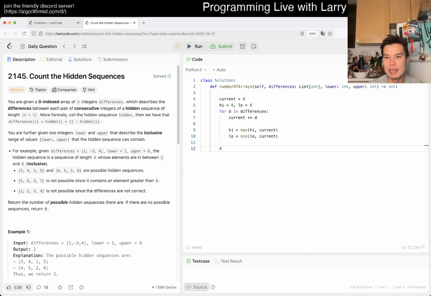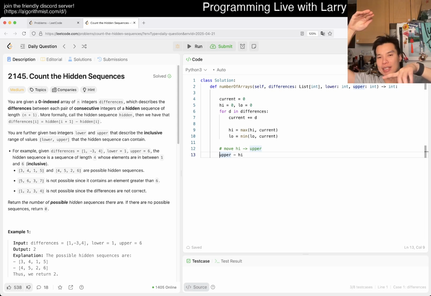For now I'm going to move high to the upper, and the way we do that is by calculating the difference: upper minus high is the delta, and you shift by that distance. For example, if your high is 4 and your upper is 6, then you're shifting up by 2, so your starting point is going to be 2.